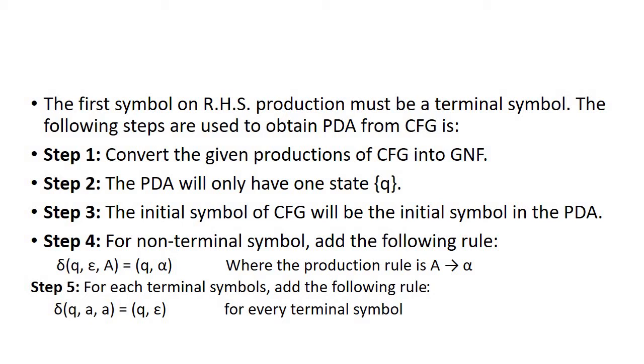Step number 4, which is the most important step, is the identification of non-terminals and the non-terminal symbols. We need to follow the rule of converting the transition function in a way that every non-terminal should be reduced into its production.